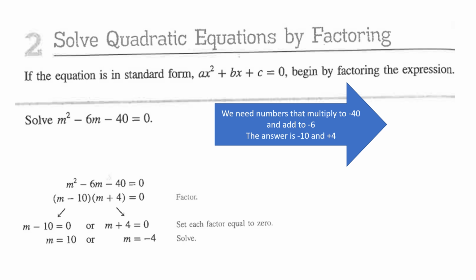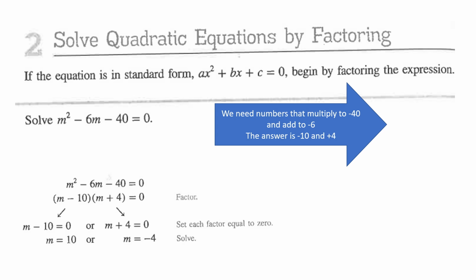That means that we can factor the left-hand side of the equation, m squared minus 6m minus 40, into (m minus 10) times (m plus 4) equals 0. We factored this.